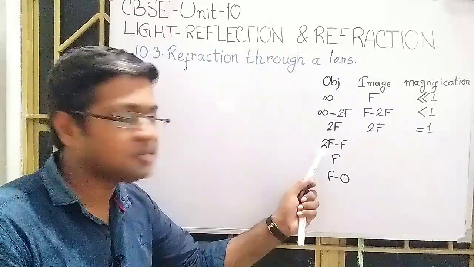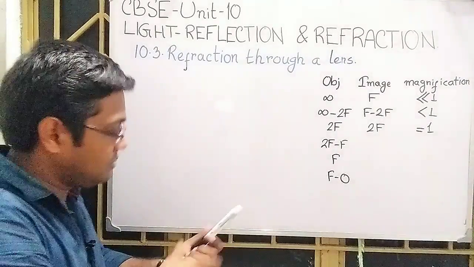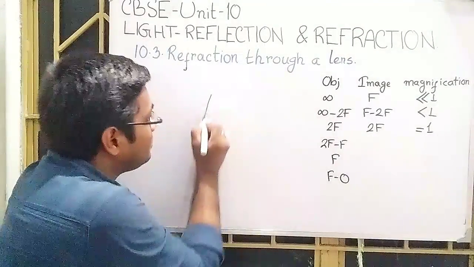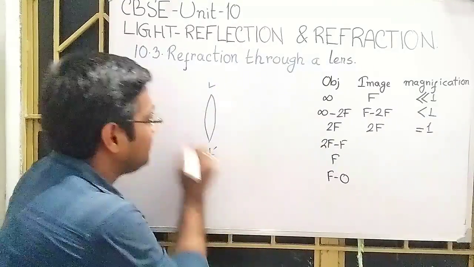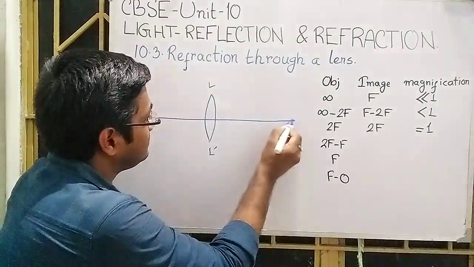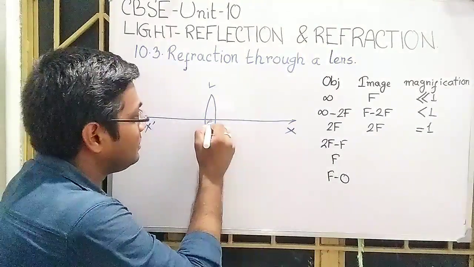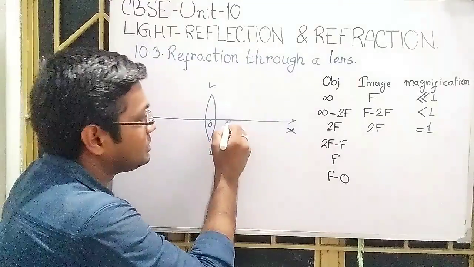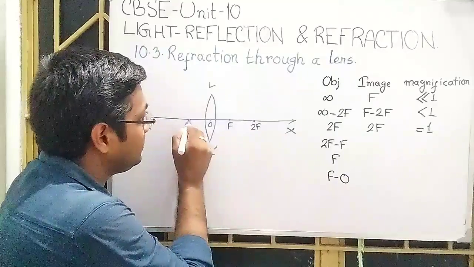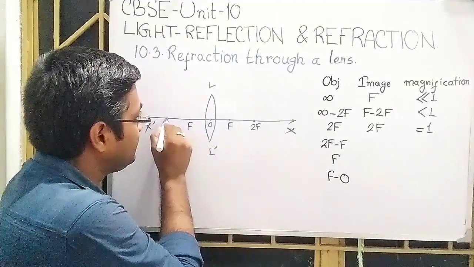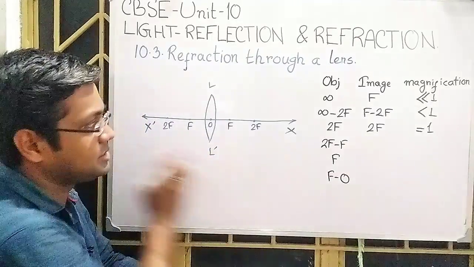Here the object is placed in between 2f and f. This is the lens L prime, principal axis X prime, optical center, f, 2f, f and 2f for the image side, and for the object side.